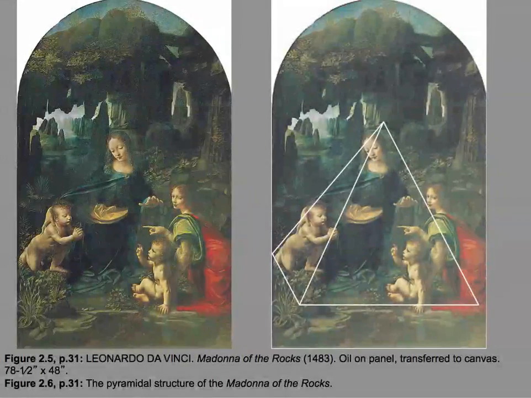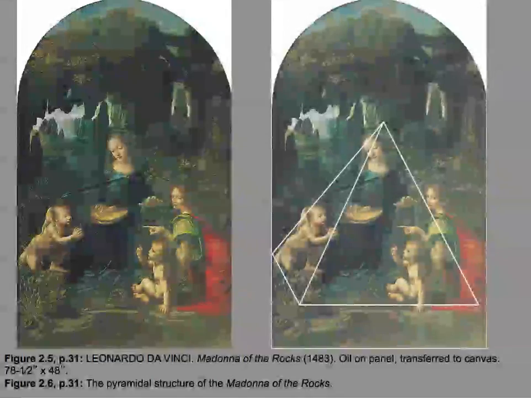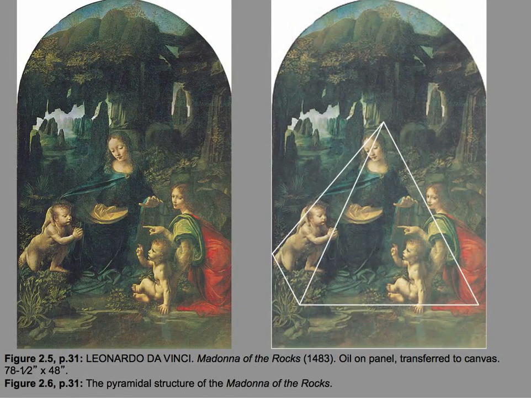Now if we look at this painting by Leonardo da Vinci, we can see the type of Renaissance compositional psychological structure I just mentioned. We have the painting on the left, and then on the right we can see some of the psychological structure lines implied over it, where the composition has this sort of pyramid shape to it.